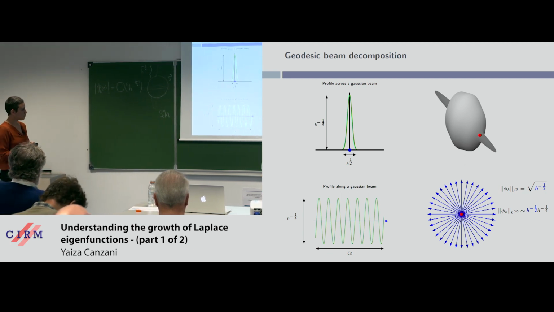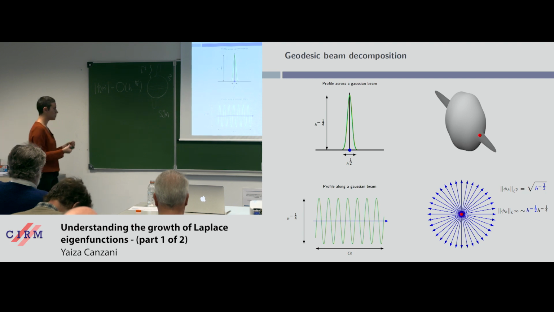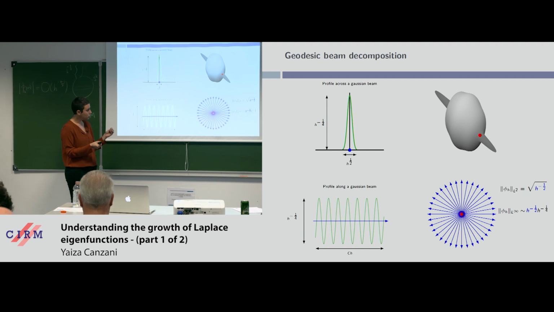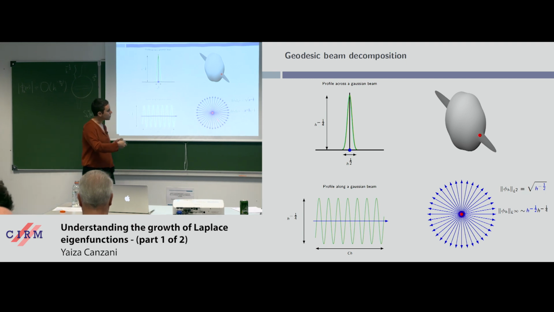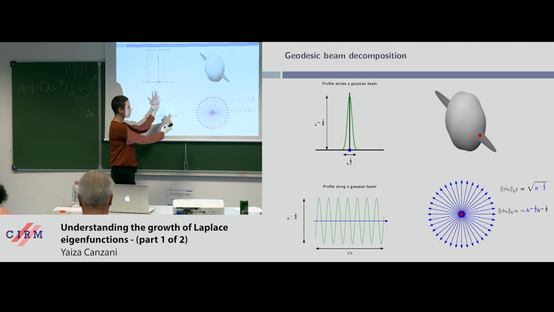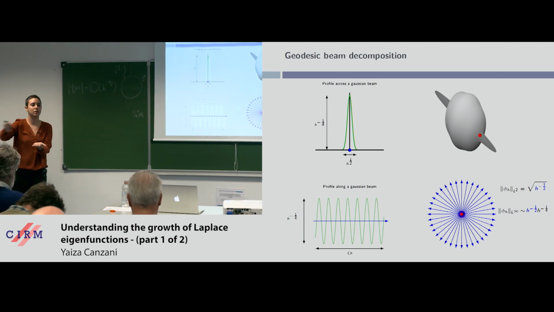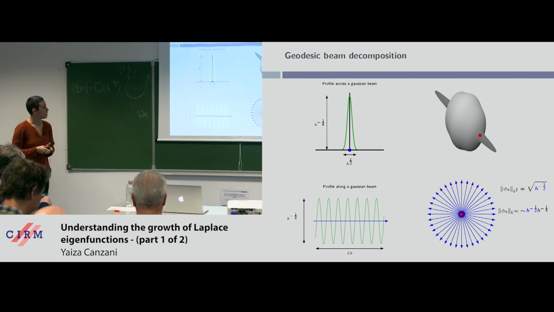But if what you want to do is to get quantitative improvements, what this indicates that one should do, perhaps, is to try to understand what happens with your eigenfunction when you restrict them to each single one of these directions. Because what this zonal harmonic is doing is being uniformly distributed across all these directions with the same mass. The L2 mass is like h to the minus a quarter.